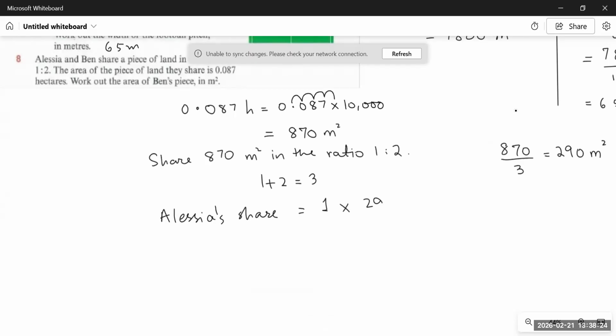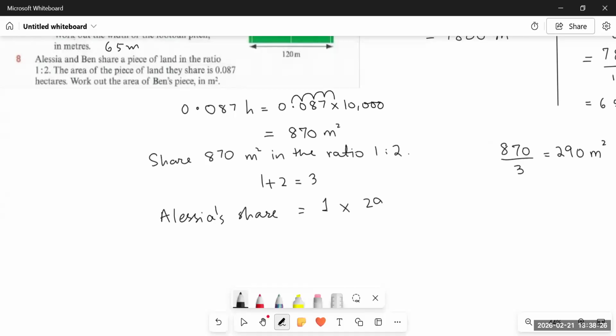But when we talk about Ben's share, Ben's share is twice that of Alicia. So that's 2 multiplied by 290, which is 580 meter square. So what we did, first we converted 0.087 hectares of land into meter square, which gave us 870 meter squares of land.